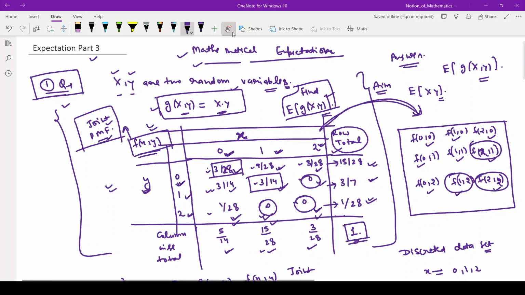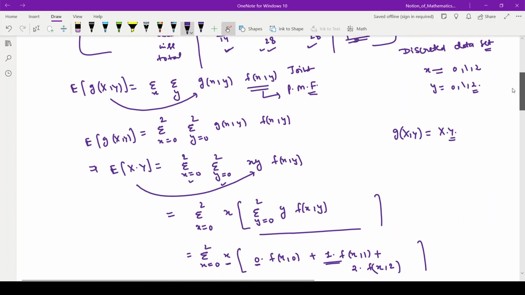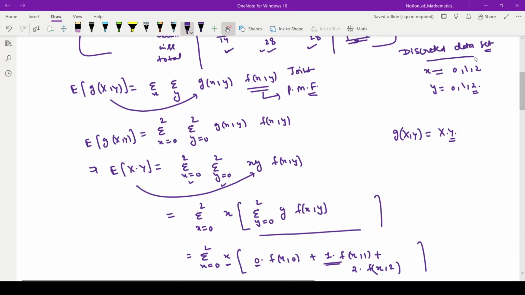Now thereafter we can discuss how to move ahead in this question. Since a discrete data set is provided here, x is having three values, y is also having three values.